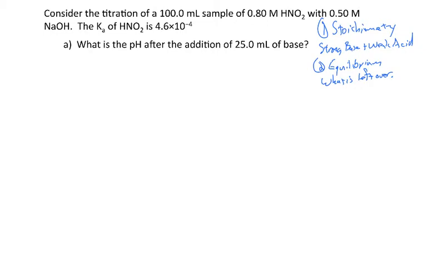So the first thing I need to do is write down the chemical reaction. So I have my strong base, sodium hydroxide. Because it's a strong base, it's going to completely dissociate. So I don't really have NaOH. What I'm really interested in is the hydroxide ion that it produces. So I have OH minus, and the hydroxide is going to react with my weak acid.